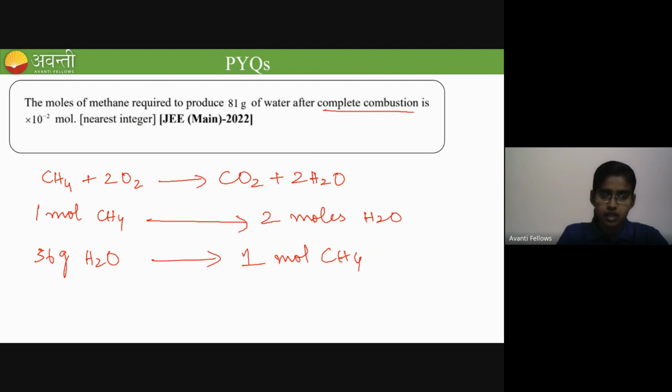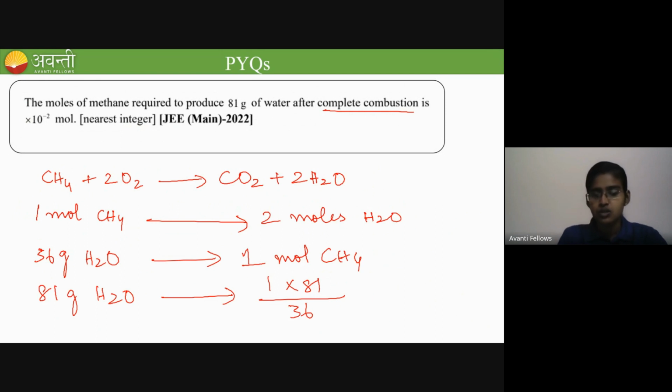But 81 gram of water needs 1 into 81, cross multiply, divided by 36. So this much mole of CH4 is required. It will be equal to 2.25 mole, or we can say 225 into 10 to the power minus 2 mole.